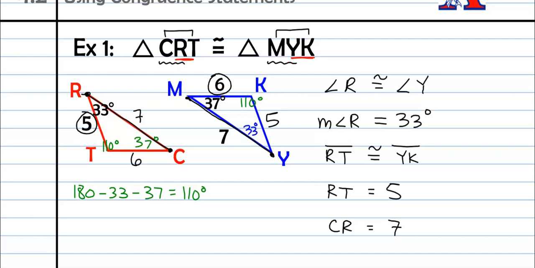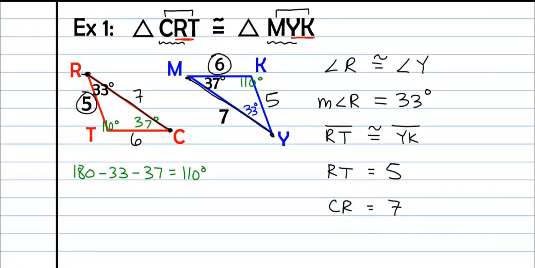Okay, so one last thing just to wrap this up. What if I wanted to rearrange the order of the congruency statement? What if I said instead of triangle CRT, I want to do triangle RTC? Okay, can we rewrite that? Absolutely. All you have to do is just make sure that you put your letters in the right order for the second triangle.